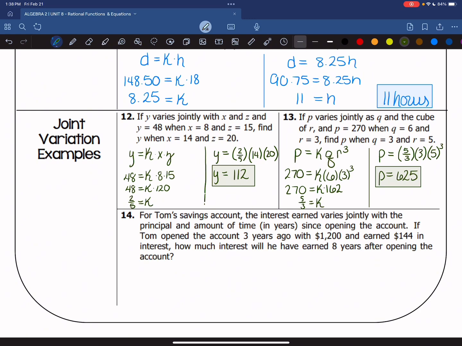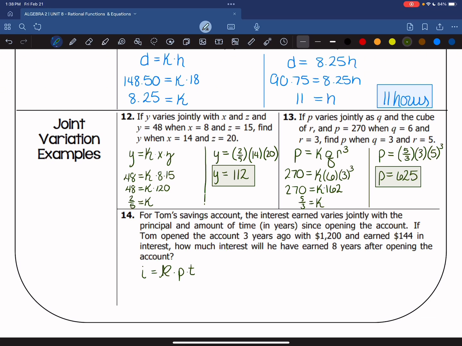The interest earned, so we will use I for interest, varies jointly with the principal amount and the time in years since it was opened. So interest is jointly varying with those things.